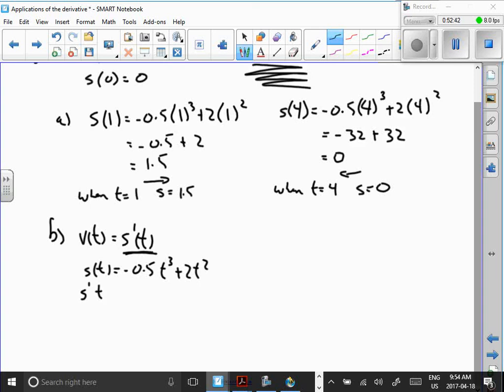Take the 3, multiply by negative 0.5, you get negative 1.5t, 1 off the exponent, squared, plus the exponent 2 times the coefficient 2 is 4, t, take 1 off the exponent. We don't have to bother writing that 1. It's best not to write it so we don't confuse it with prime. There's the derivative.